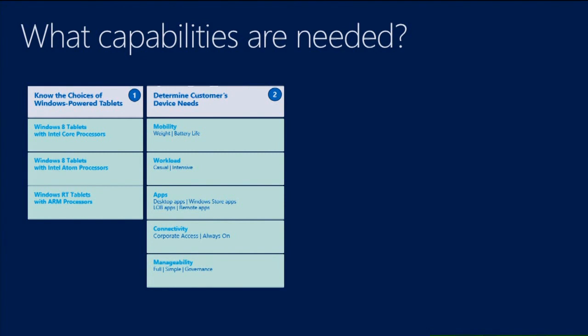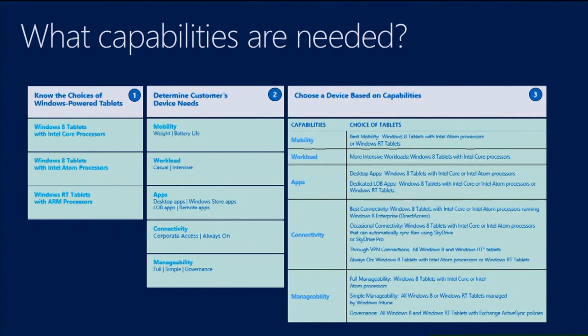Do we want just basic governance, things that we can get through Exchange ActiveSync? Or do we need something in the middle? Do we need some type of simple, lightweight management that we can get through Windows Intune or a similar mobile device management solution? Depending on our selections there, we can pick which devices are most appropriate.